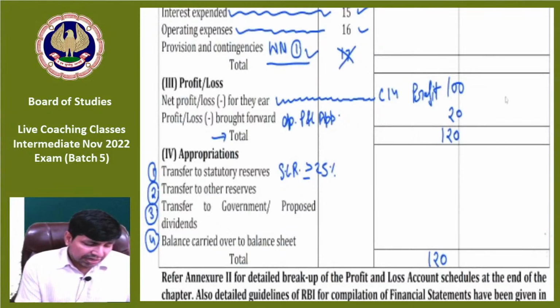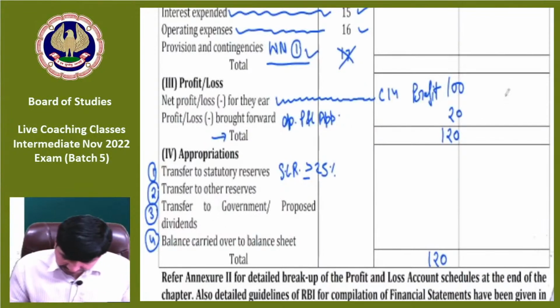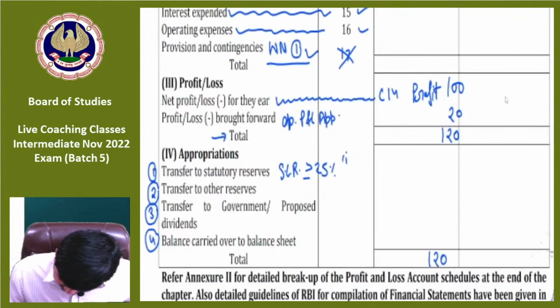Listen to me very carefully. This is our theory part, where you have to maintain this in the form of cash, or in any form or combination of gold or unencumbered approved securities.